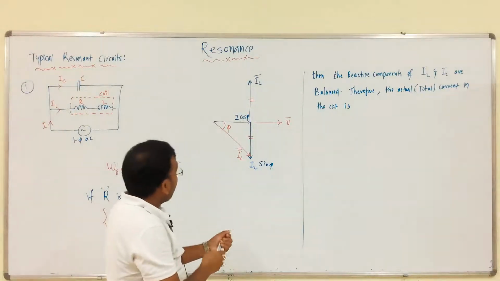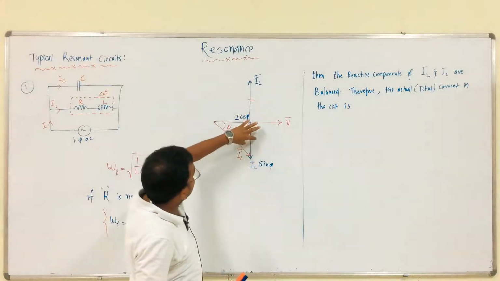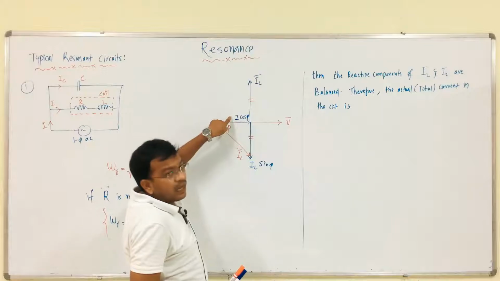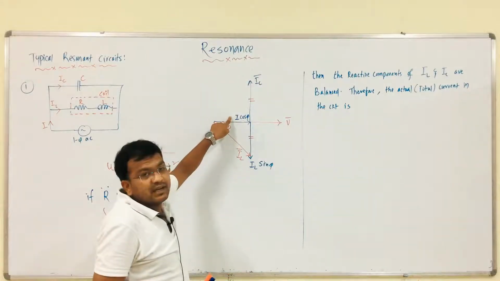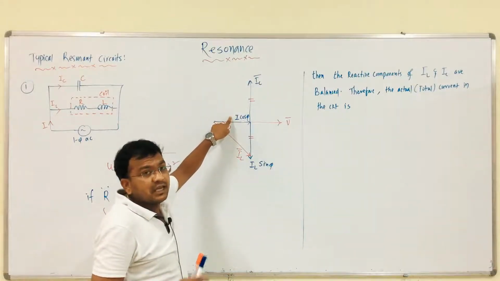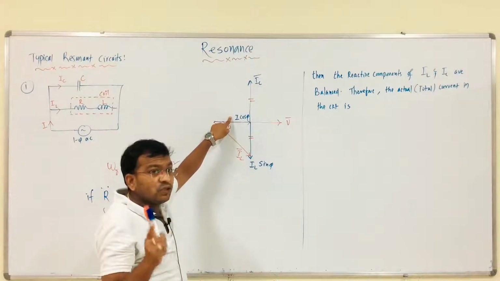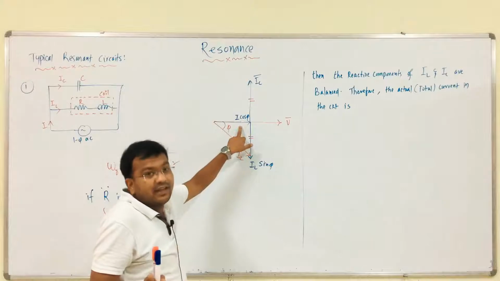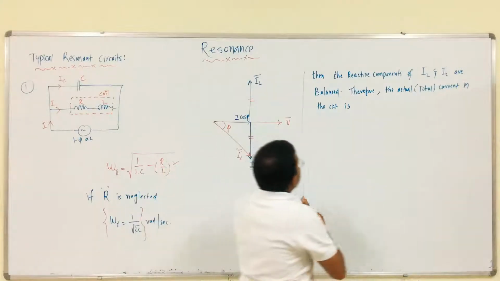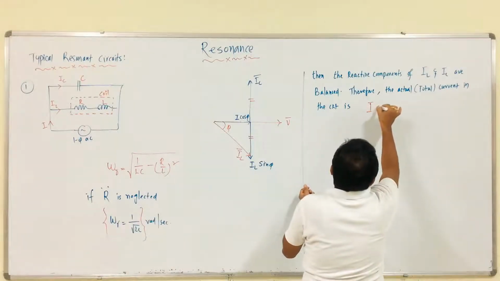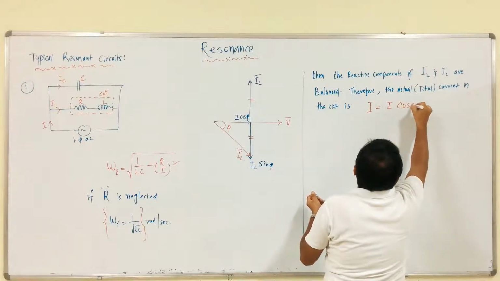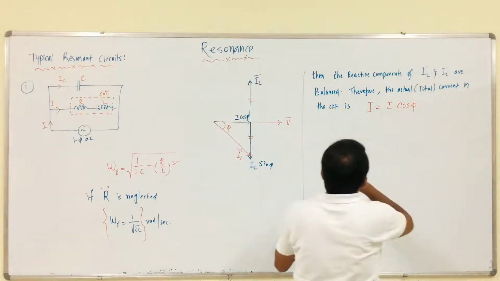See, in case of parallel or series RL circuit, if these two vertical components are equal, the total current is equal to what? I is equal to current through the resistor. In case of series resonance, total voltage Vs equals Vr, Is equals Ir. Like that, here I is equal to what? I = I_L cos φ, right?